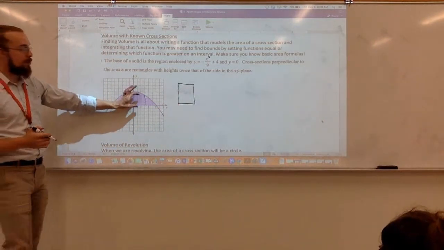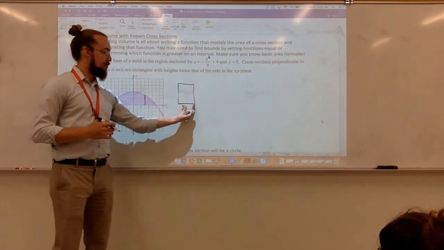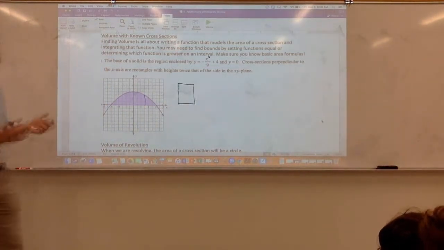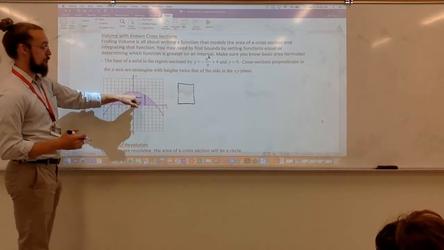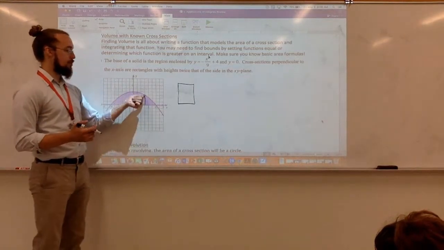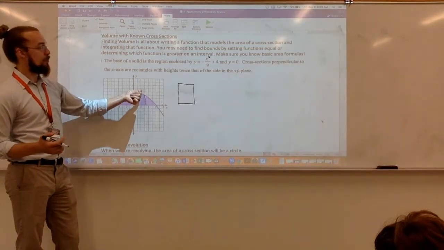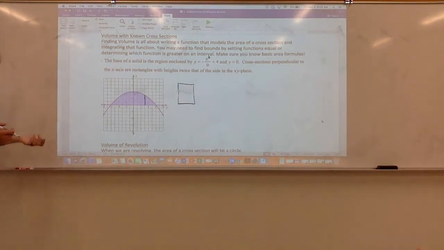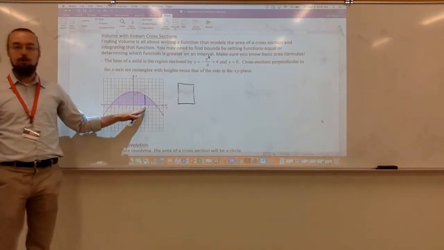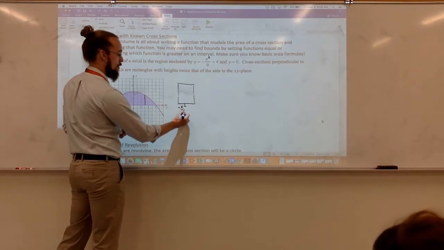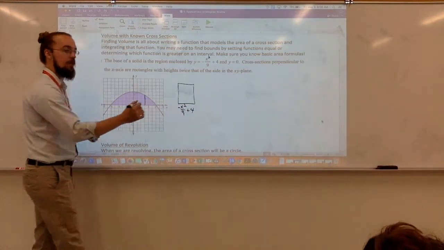So we need to come up with a way to express this width, the base of the rectangle. Well, that length of the base is just going to be top curve minus bottom curve. Right? So it's just going to be negative x squared over 9 plus 4 minus 0. So it's just negative x squared over 9 plus 4.